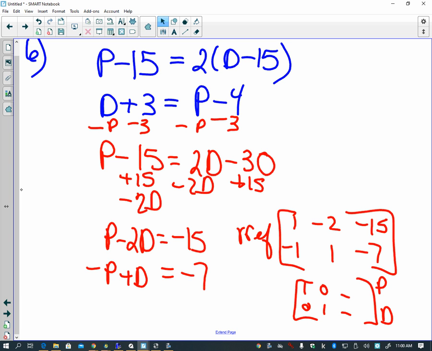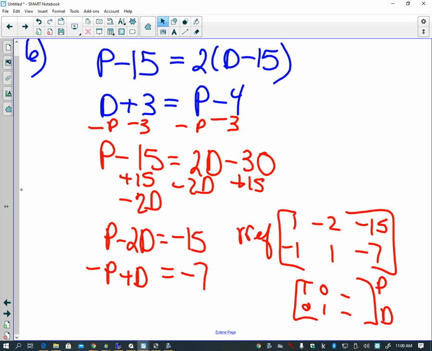Let's see, does anybody want to work that matrix out and make sure that it comes out to the right answer? Should be a 2 by 3 matrix. Do you want me to do it? Okay, David's got it. 1, -2, -15, -1, 1, -7 on a 2 by 3.